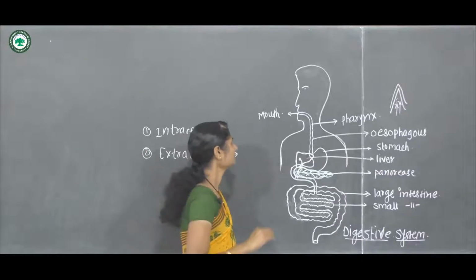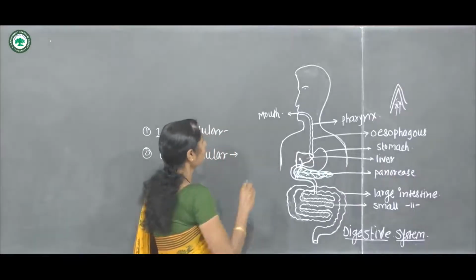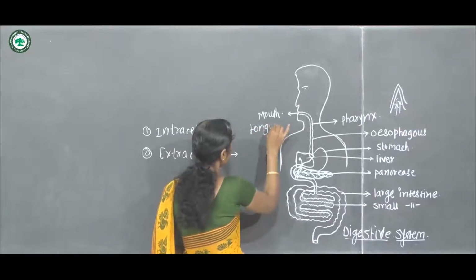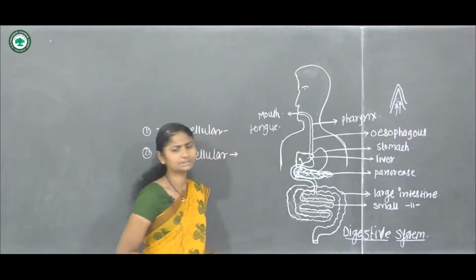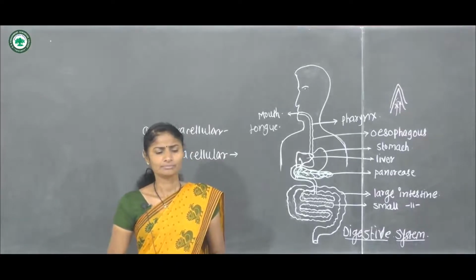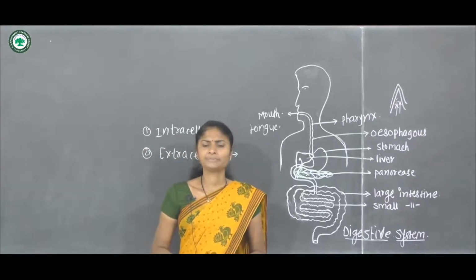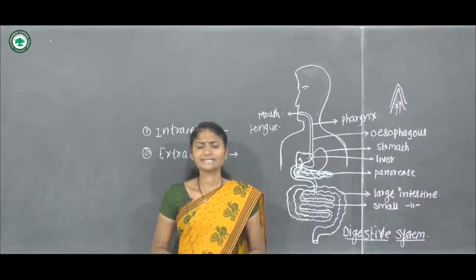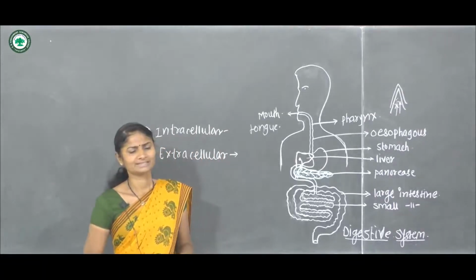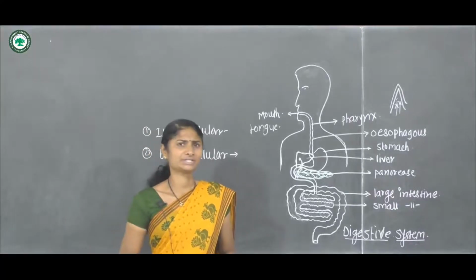The second part present in the mouth is the tongue. The tongue is a muscular organ. It is attached at the posterior end and free in front. It contains 2 important structures on the surface: papillae and taste buds.